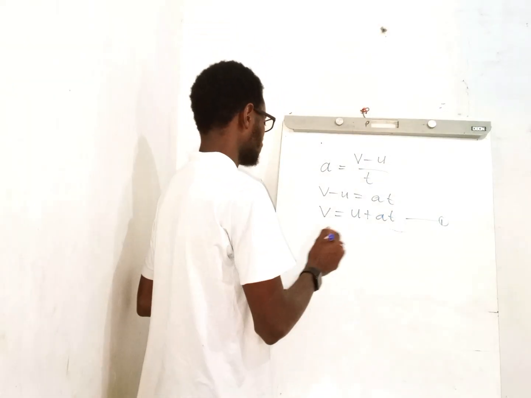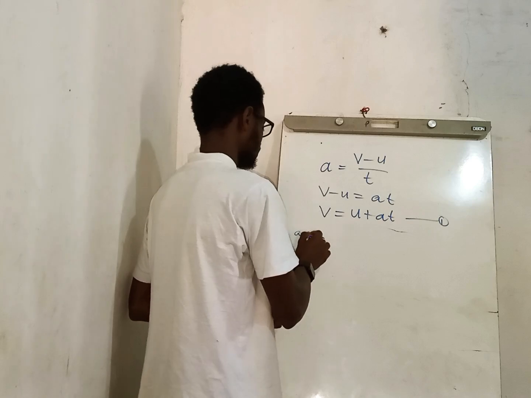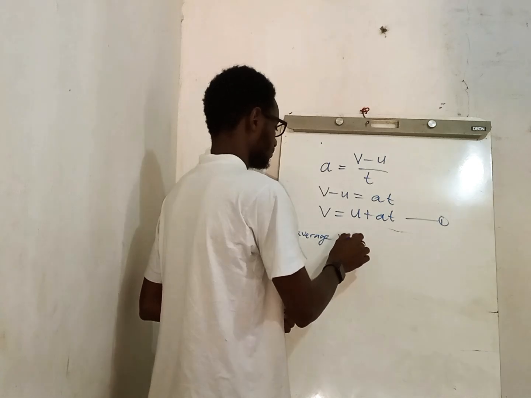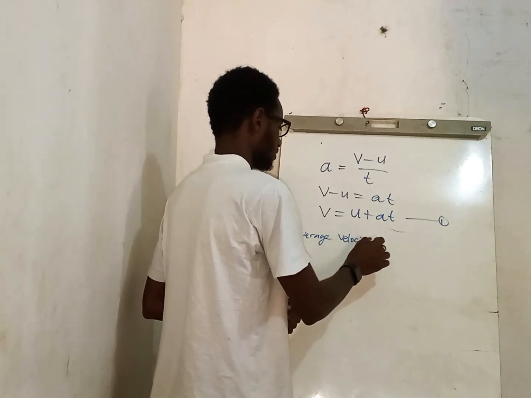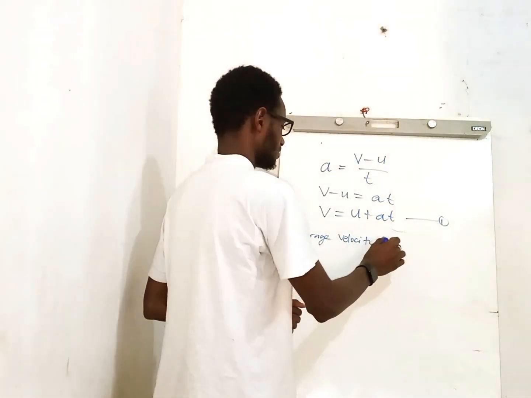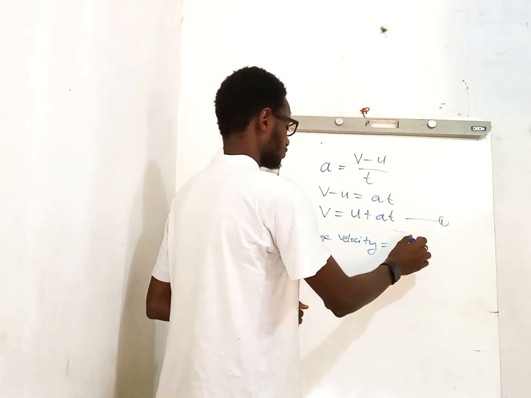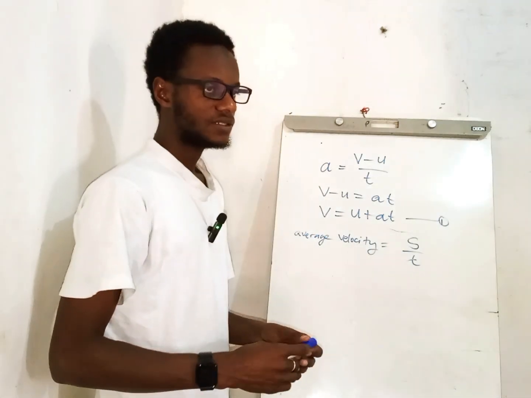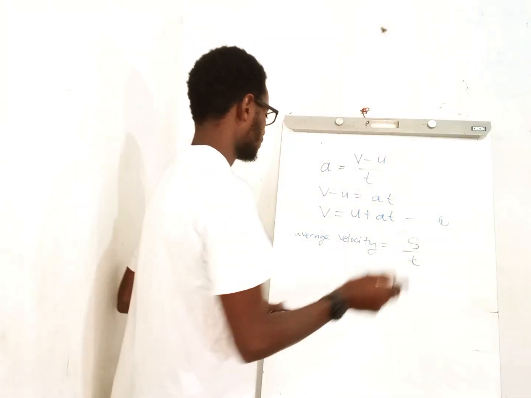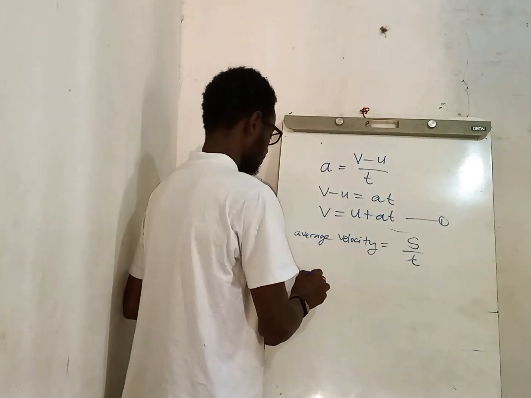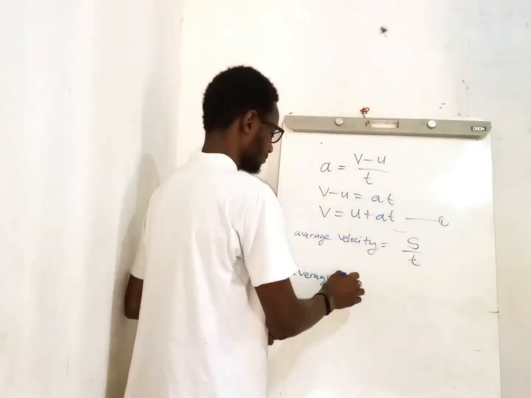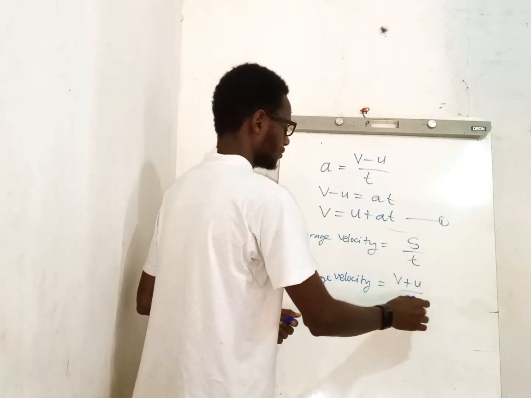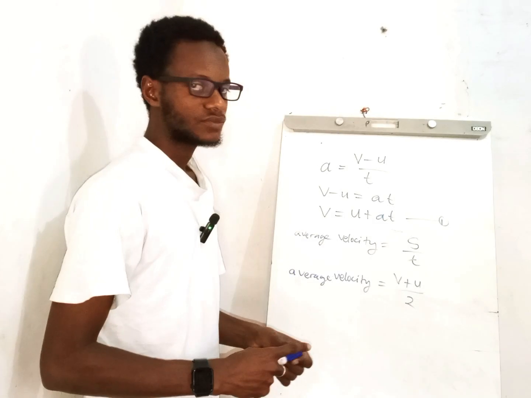Then the second equation of motion, we get it from the average velocity. Average velocity is equal to distance all over time, or average velocity can also be equal to v plus u all over 2.